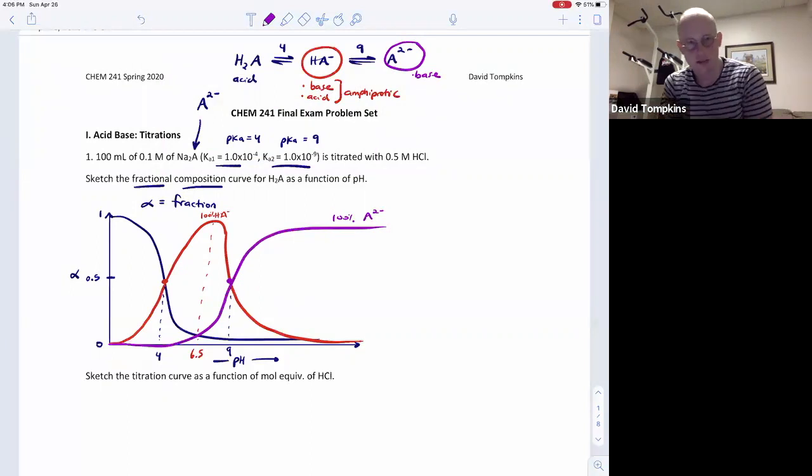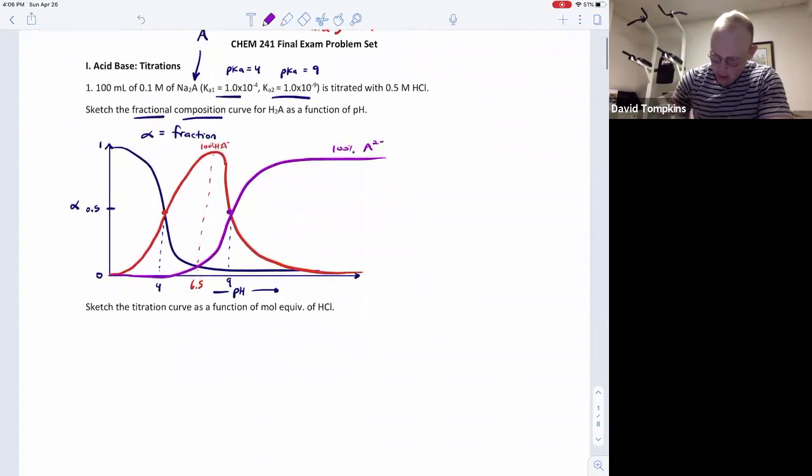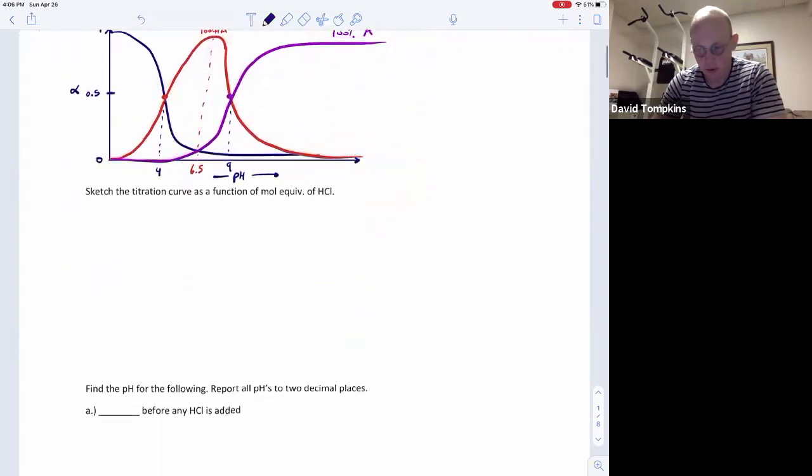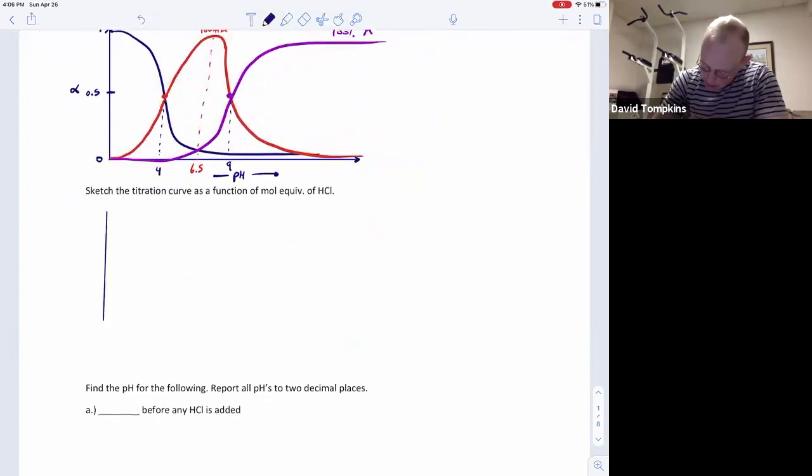So you should always come back to this curve to think about what a reasonable estimation of the pH is for any of these diprotic acid-base problems. There's another curve that you should be able to draw, though. That other curve is a titration curve where the axes are different.